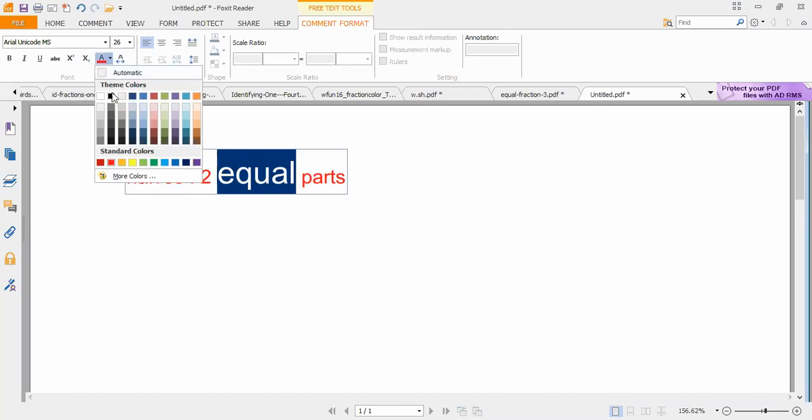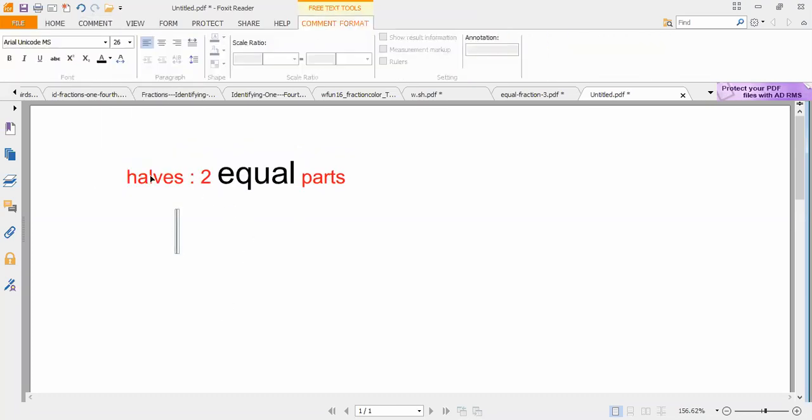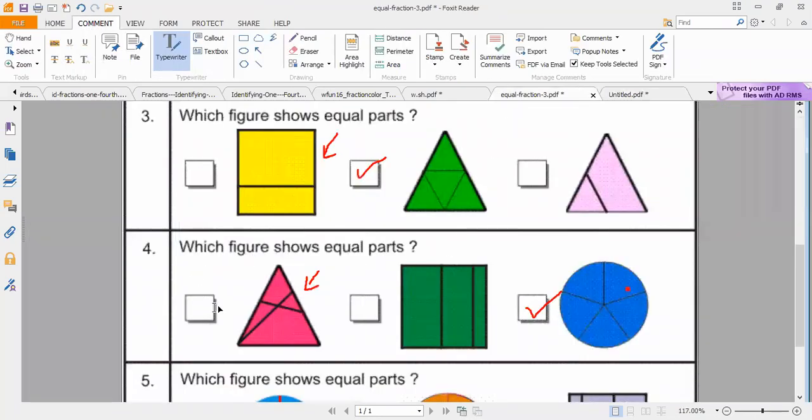So here, do we have halves? A shape with two equal parts? Hey Omar, do we have a shape with two equal parts? No, we don't have any shape with two equal parts.